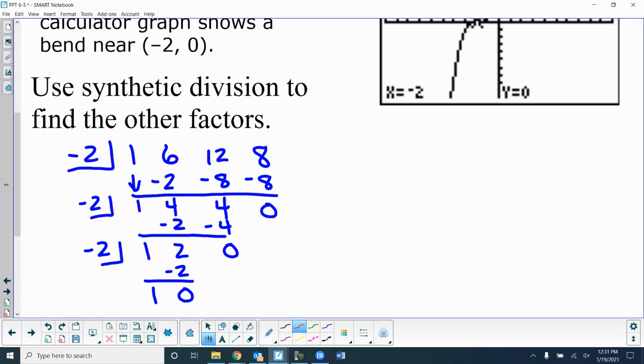So I just proved that -2 worked 3 times. So synthetic division helps you if you're thinking it works more than once. Okay? I love it. Questions on that? You guys already know how to do synthetic division, right?